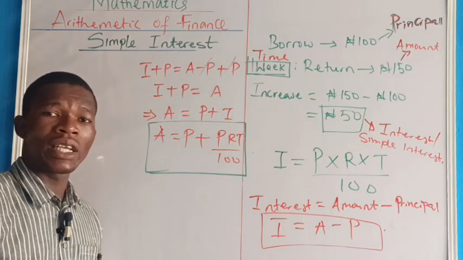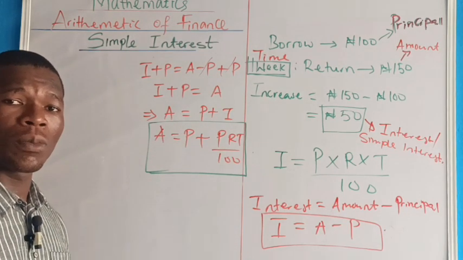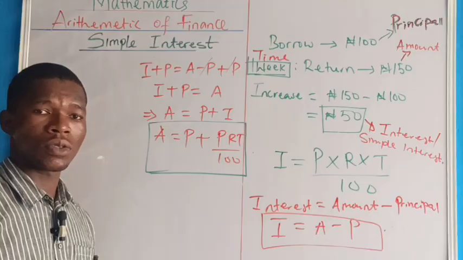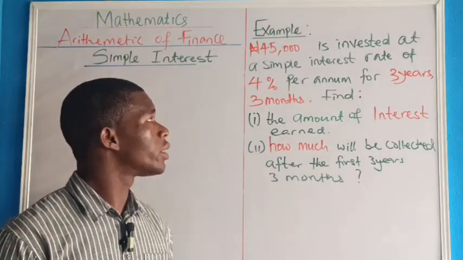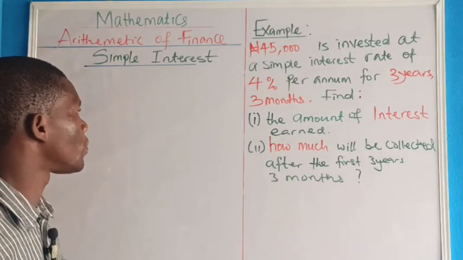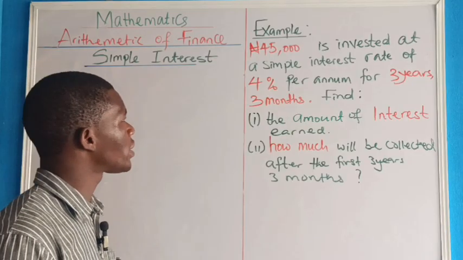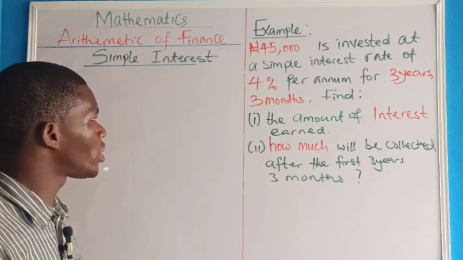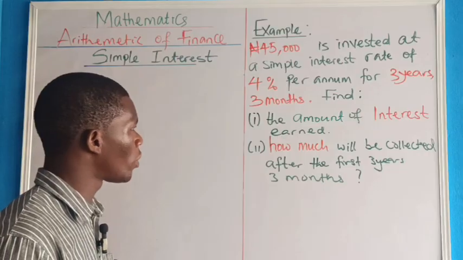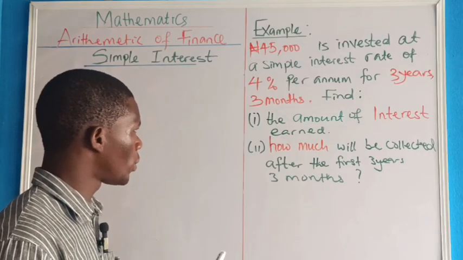So let's take one example and see how we can apply this formula in solving questions. The question goes like this: 45,000 naira is invested at a simple interest rate of 4% per annum for 3 years, 3 months.